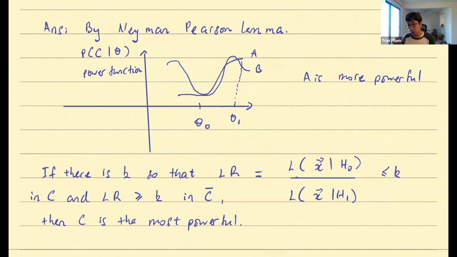Because if two critical regions have different sizes, it's unfair to compare them. So it gets tiring, so I won't repeat that. When I would just simply say most powerful, but most powerful among its class.